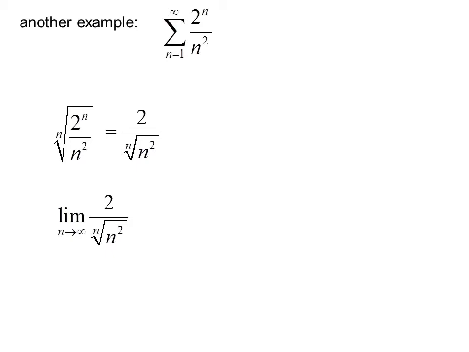So we have the limit as n goes to infinity of 2 over the nth root of n squared, which is 2 over 1, or 2. Since the absolute value of 2 is greater than 1, this series diverges.